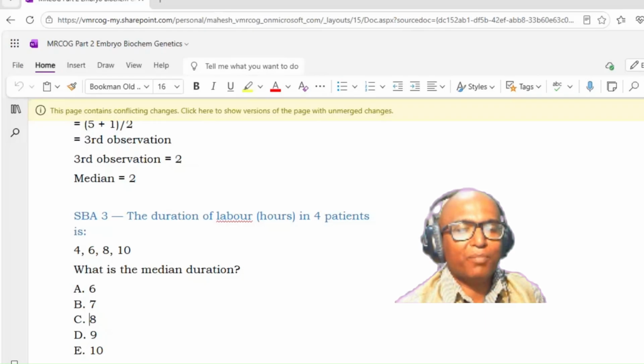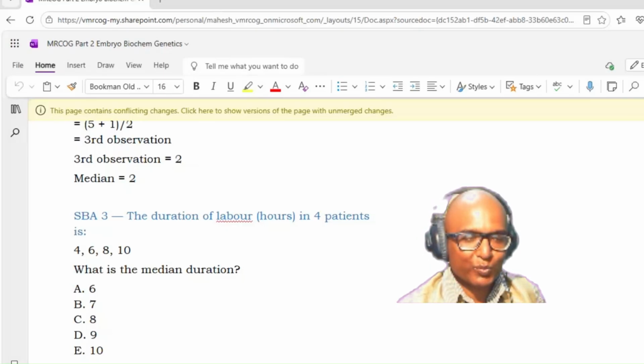The number of observations is even. The formula is n by 2 and the next observation. 4 by 2 is 2, so the average of the second and third observations: 6 plus 8 divided by 2, which is 7. Option B.